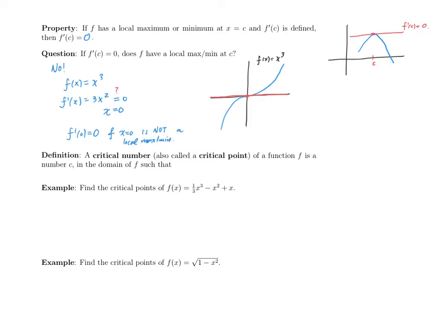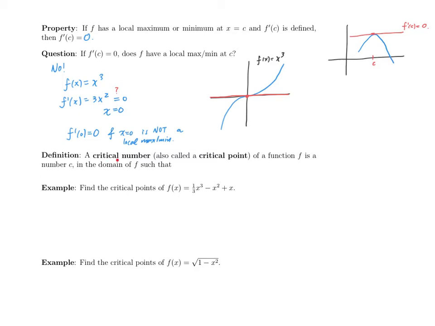So even though the reverse statement of this property is not true, which I wanted to state just to make sure we're all cautious of that fact, when we do have local maximums and minimums, which are things we want to be able to locate, they do occur typically where the derivative is equal to 0. And because of that, we're going to give these values a special name.